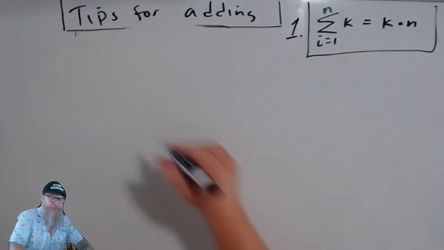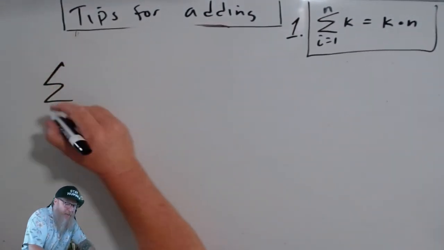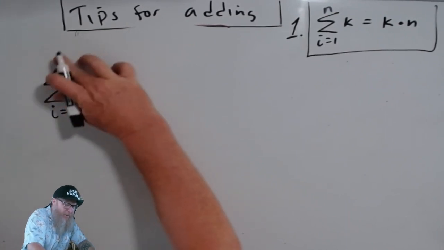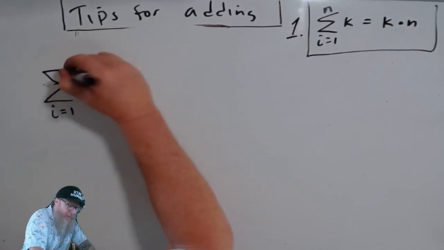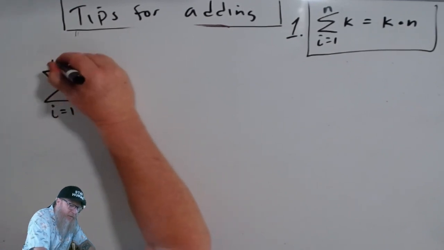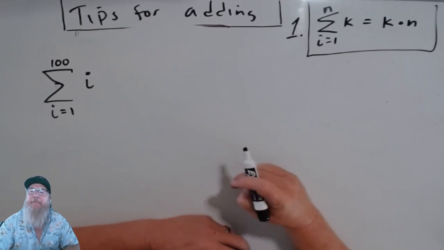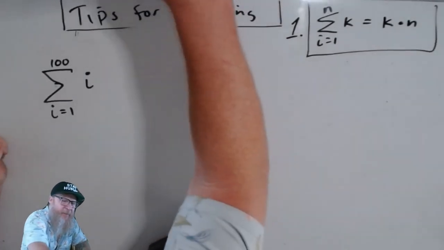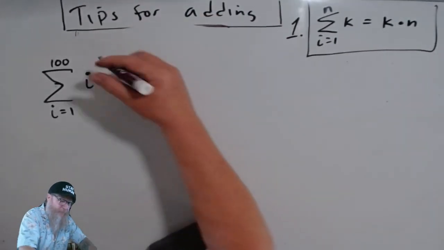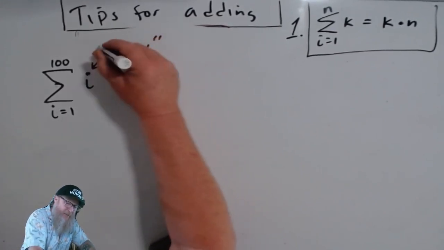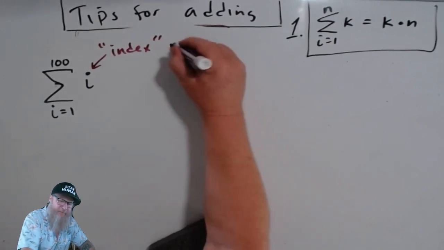All right, number 2. Suppose I wanted to add from 1 to 100 the index i. So this is the index. It's not a constant.